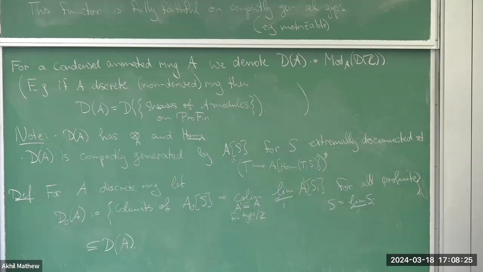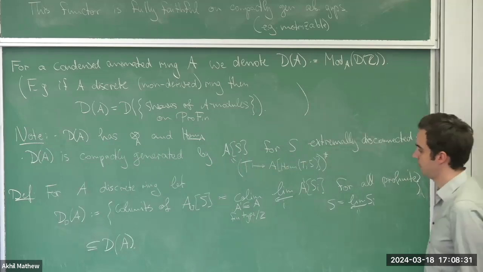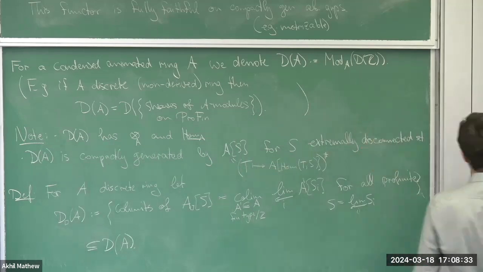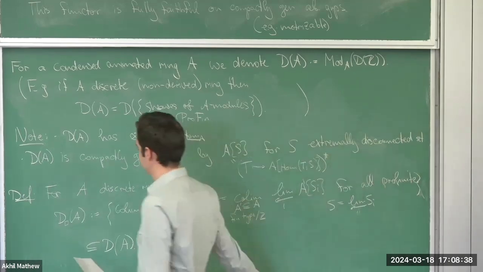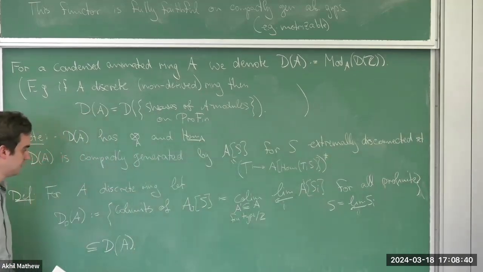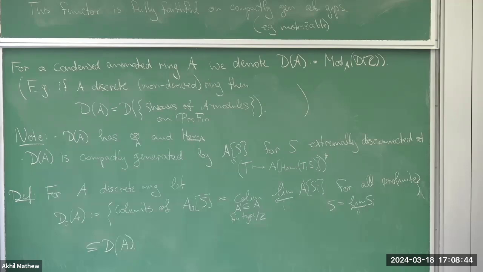In general, this is a property on an object of D of A. If you have an object of D of A, it's a property for it to be in D solid. Right, exactly. And the point is that the property only depends on it having the property for every finitely generated subring. Yes, right.